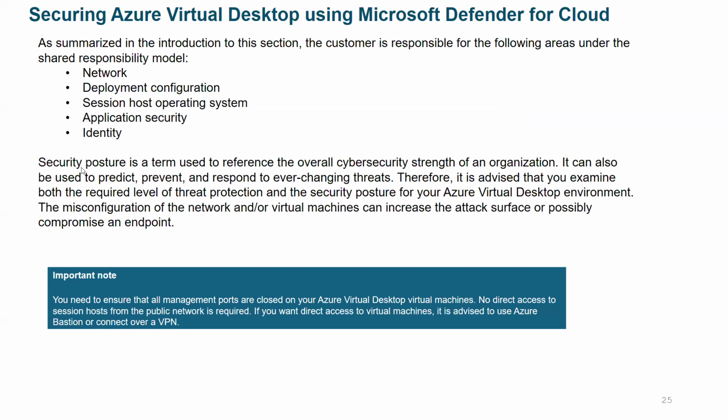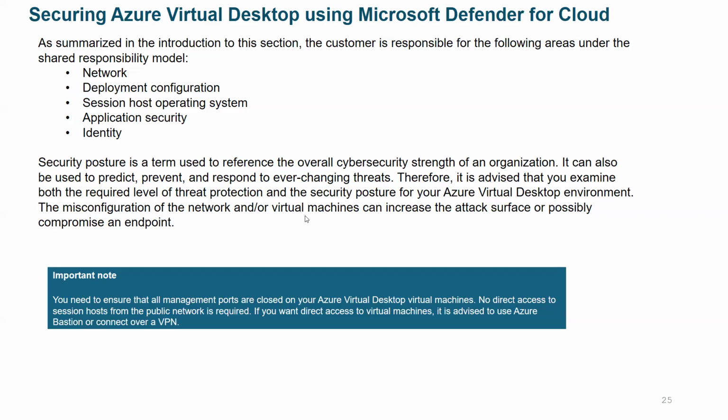Security posture is a term used to reference the overall cyber security strength of an organization. It can also be used to predict, prevent, and respond to ever-changing threats. Therefore, it is advised to examine both required levels, threat protection and security posture, for the Azure Virtual Desktop environment.